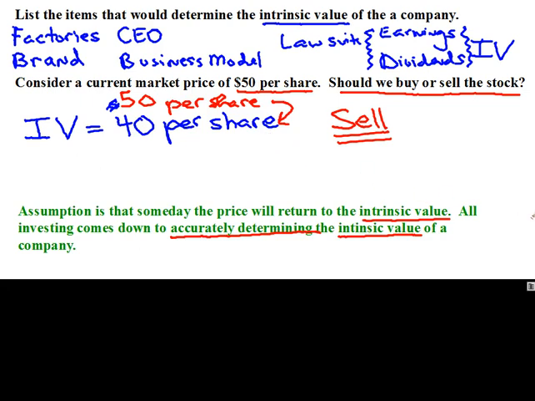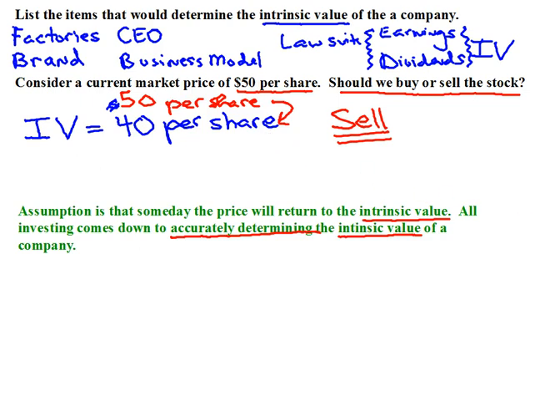So let's do a quick summary of this. We would say this down here at the bottom. Let's write that down. We believe that the intrinsic value is $40 per share after studying the company, after studying the earnings and the dividends.